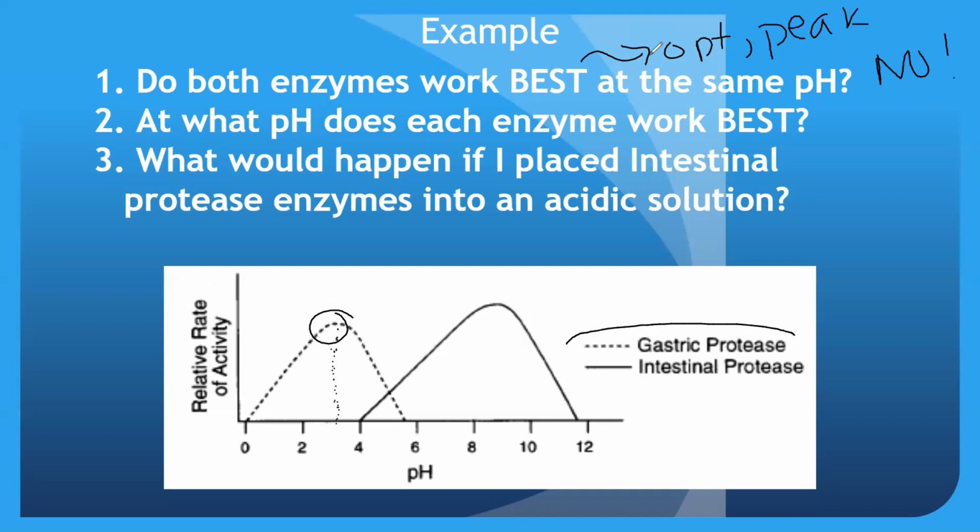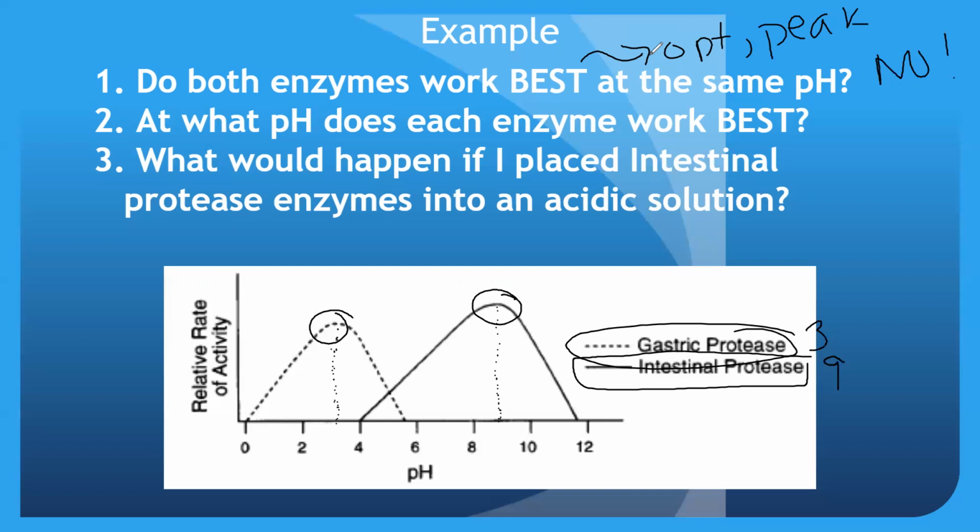So gastric protease works best at what pH? Good, 3. What does intestinal protease work best at? Okay, so we go to our peak and we do our line down to where it would cross the x-axis. What is that? About a 9. So intestinal protease works best at a 9.